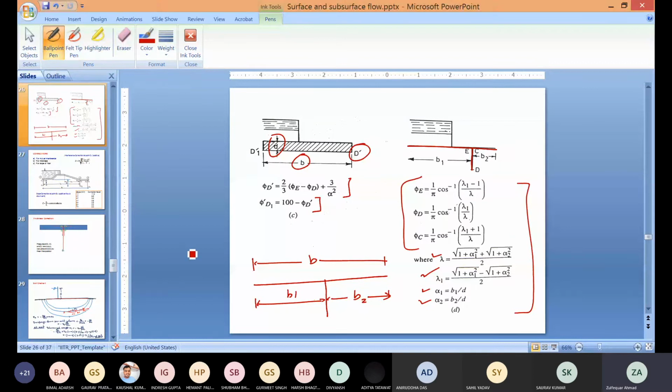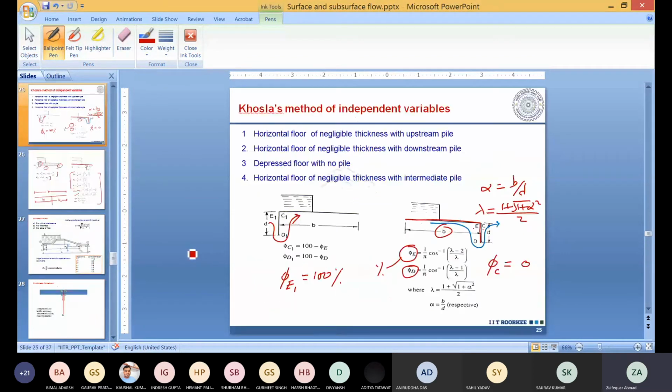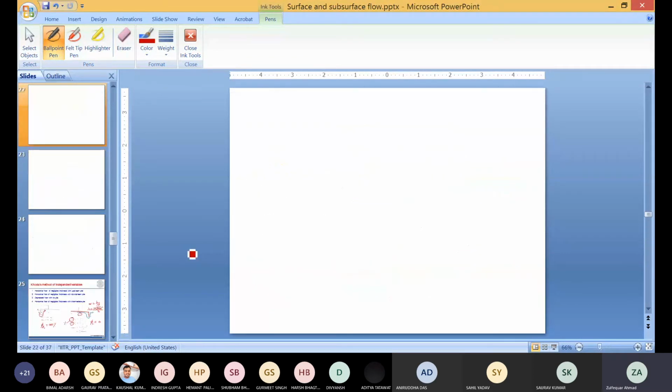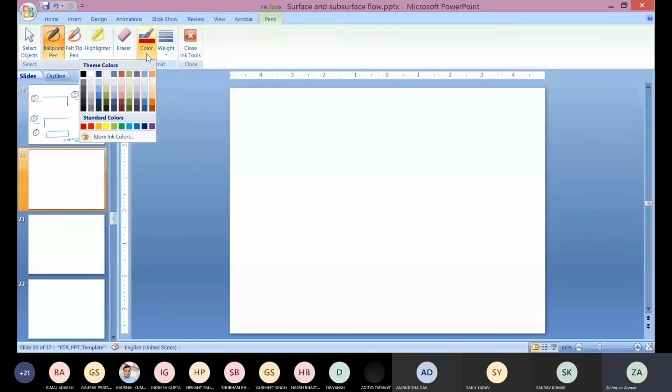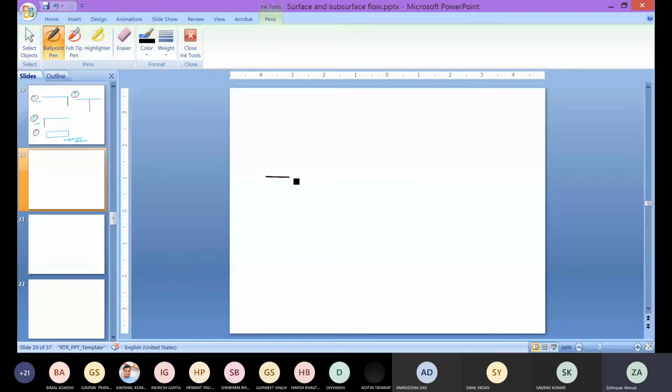Now let us look at our problem. Our problem is like this. Now we have to understand this. Let me redraw a sketch of a section of a structure. That is like this. Then we have the glacis like this. And let us put some thickness also.